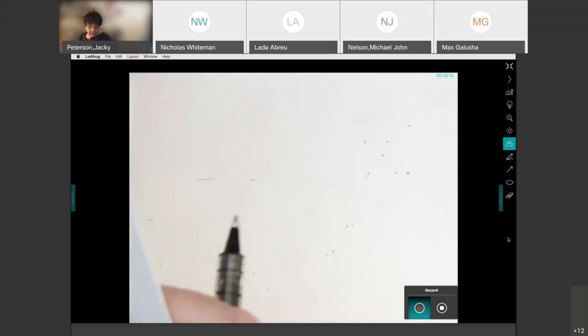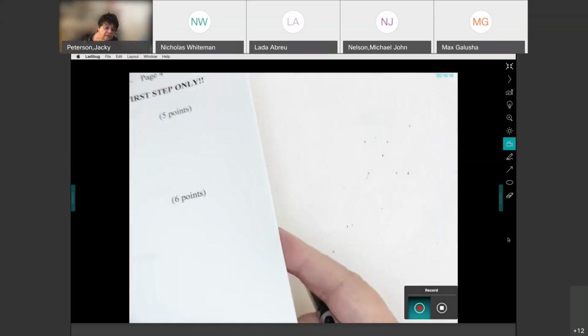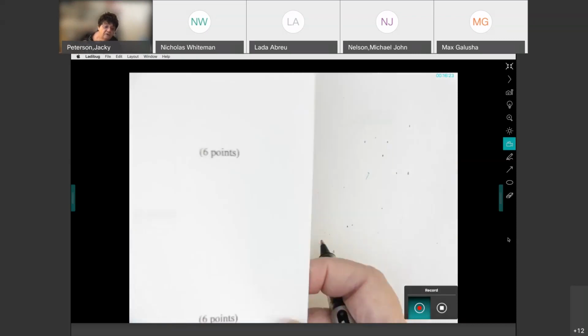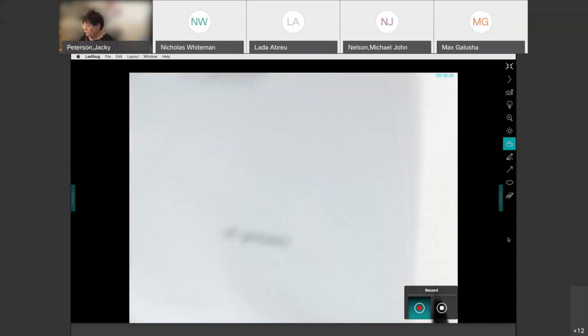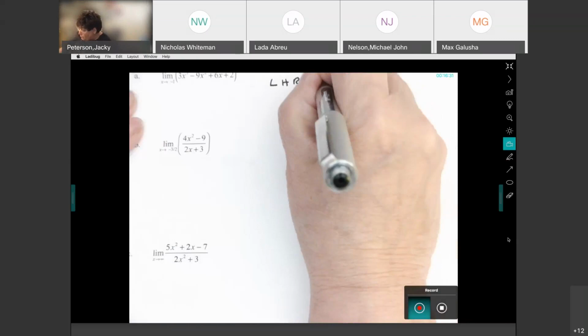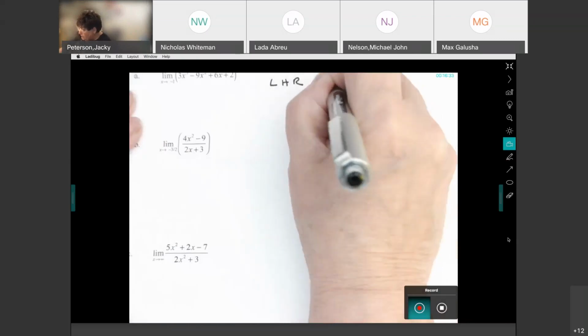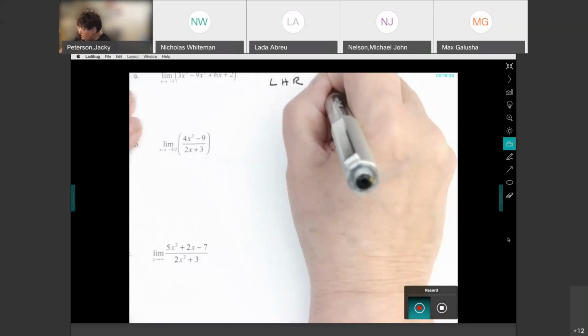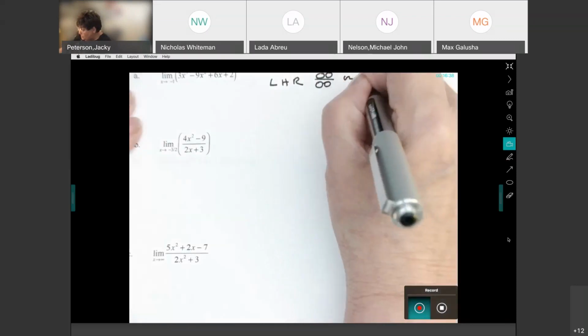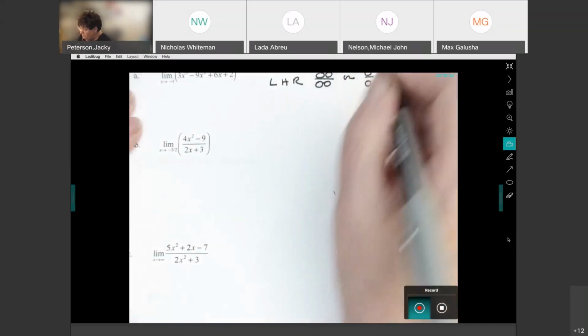And of course, anything with a variable, you can use L'Hopital's rule. And remember, L'Hopital's rule, LHR, is only if you've got something of the indeterminate form. You plug it in, it's infinity over infinity or 0 over 0.